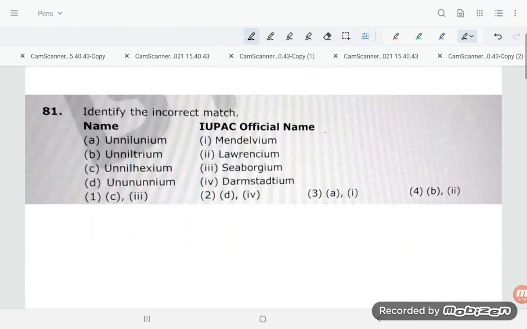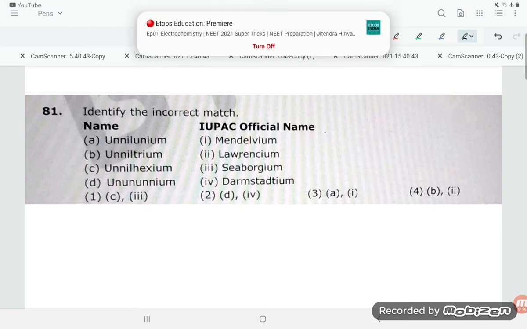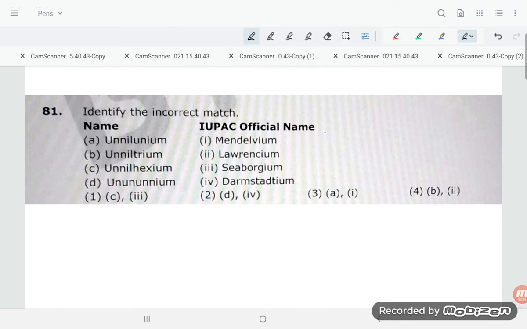81. Identify the incorrect match. Okay, identify the incorrect match. So for the incorrect match, unnilennium is there. They are saying incorrect match.